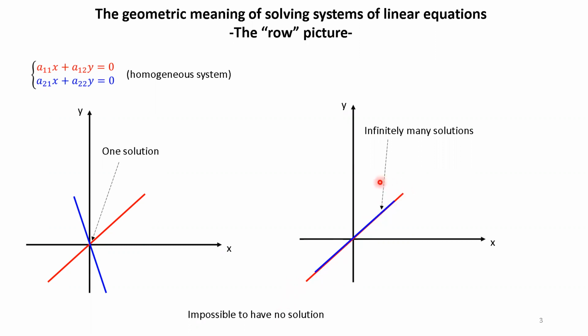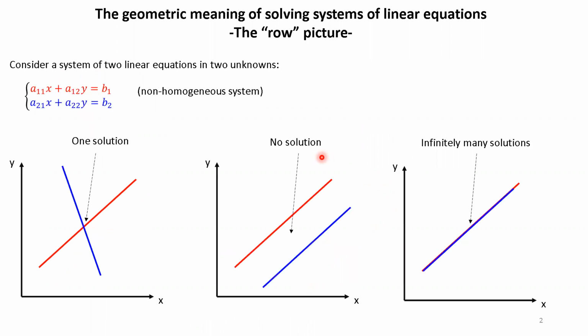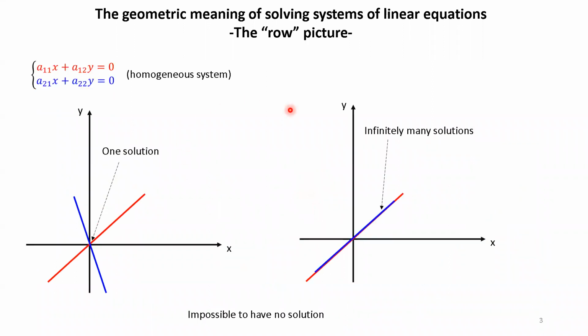So what about the case where we have no solution? On this page, we also have a case with no solution. You can see that it's actually not possible here to have no solution, because if you draw two lines, they all have to pass through the 0, 0 point, so at least 0, 0 will have to be the solution. So it's impossible to have no solution.